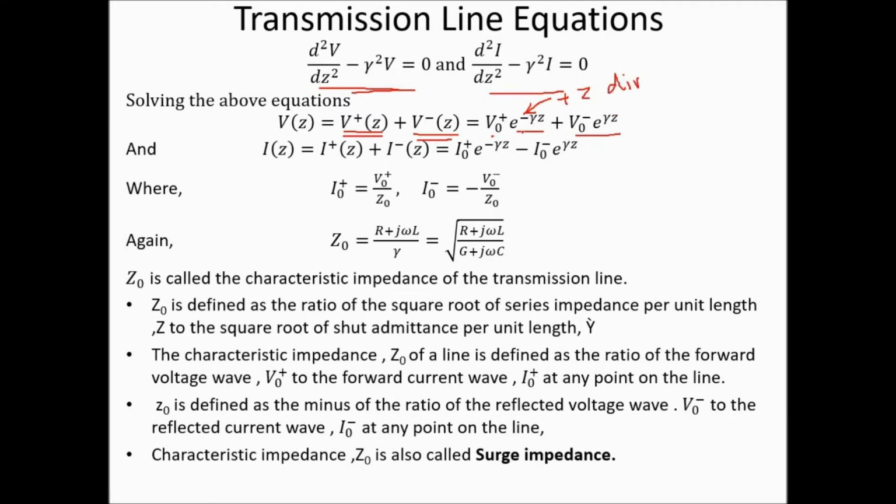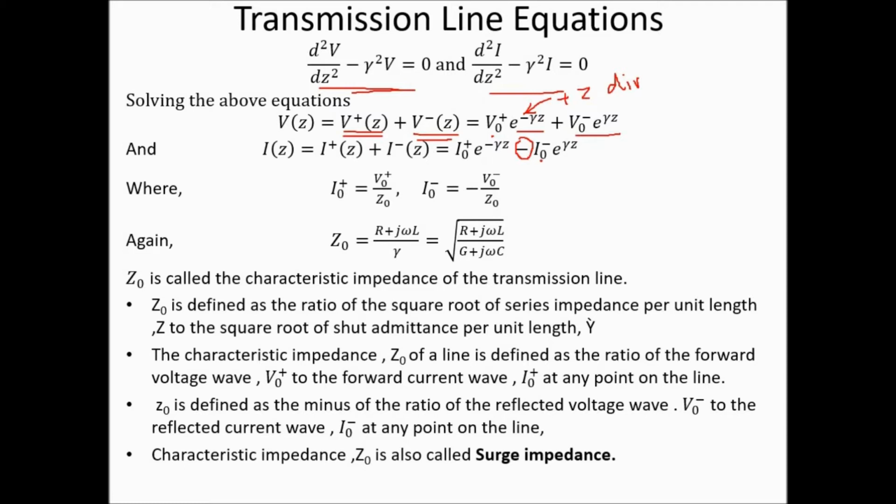So we got the complete solution: one voltage is propagating in the positive and another voltage in the negative z direction. Similarly, if we solve for the current, we will get the solution like this. We keep this as a negative, as we did for the electric and magnetic field solution.